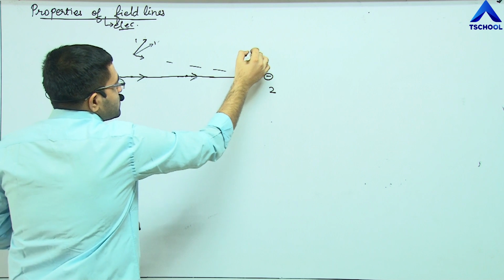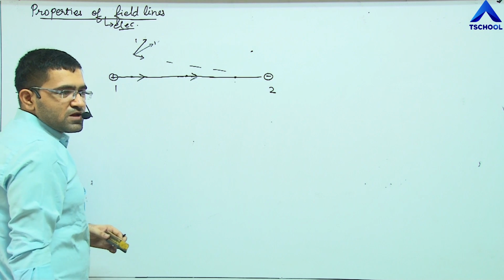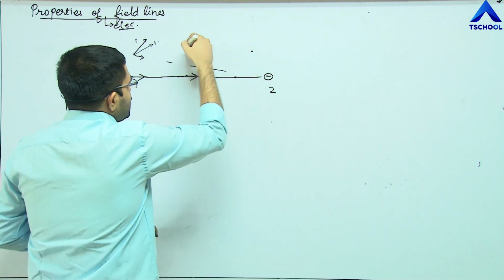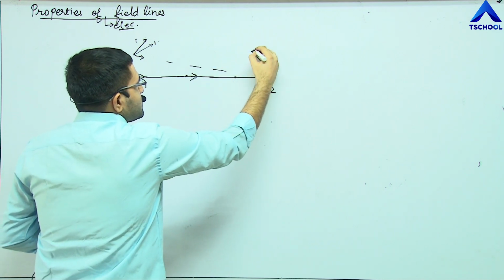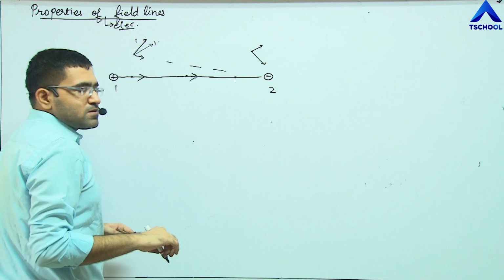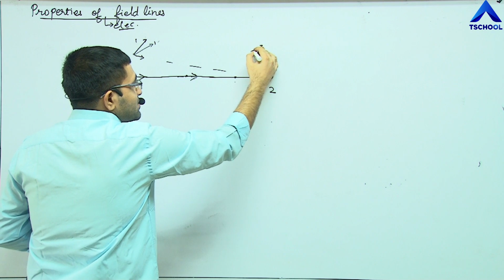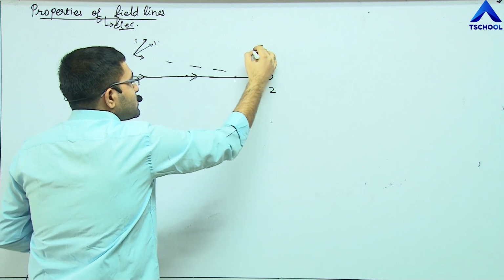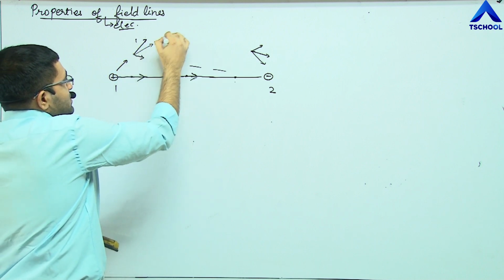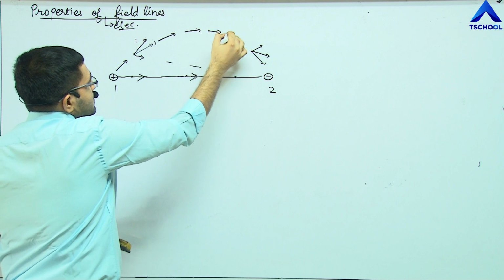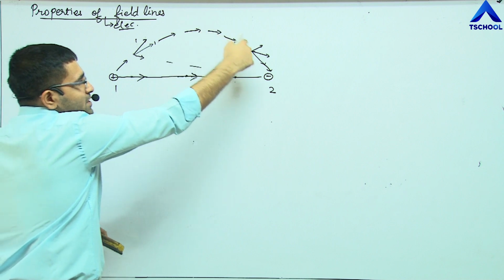Just like that, if I go to a point over here, symmetrically located on that side, you're going to see the same thing happens, but due to charge 2 it's going to be over here, and due to charge 1 it's going to be over here. The net electric field of these two would be somewhere along this line. So I can create multiple arrows which indicate the electric field directions at various points.